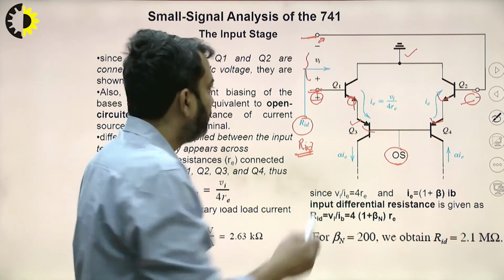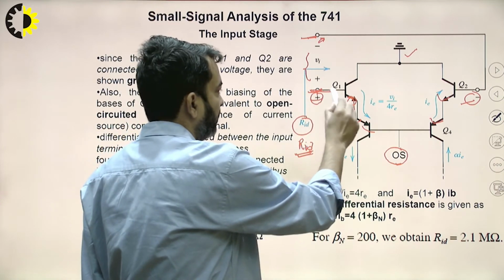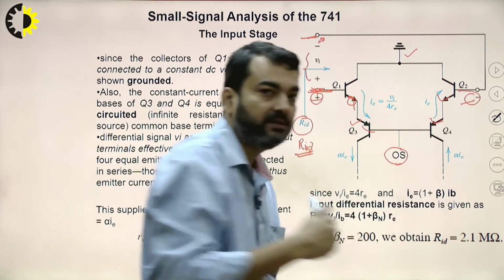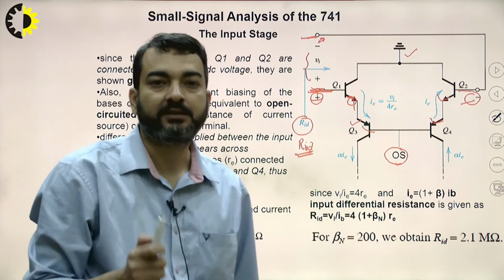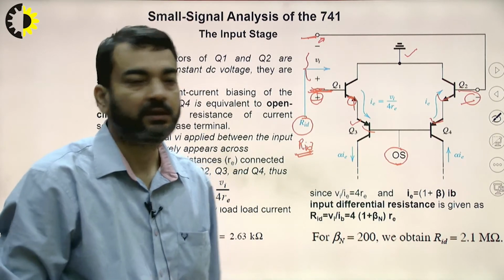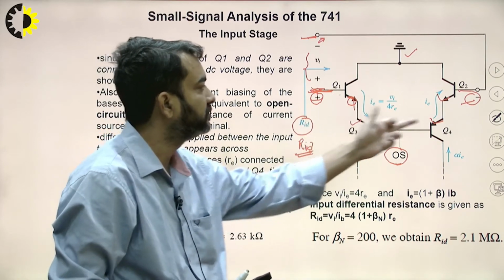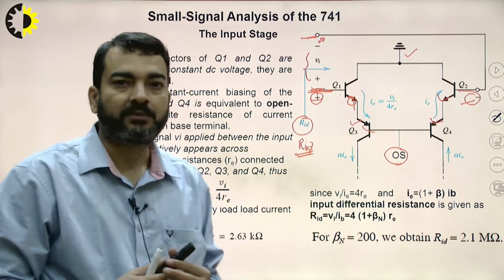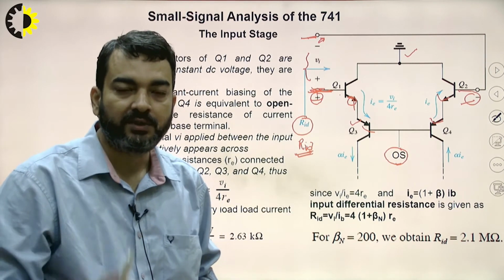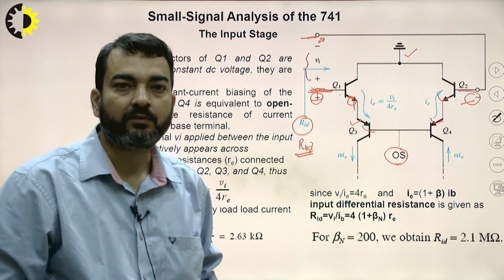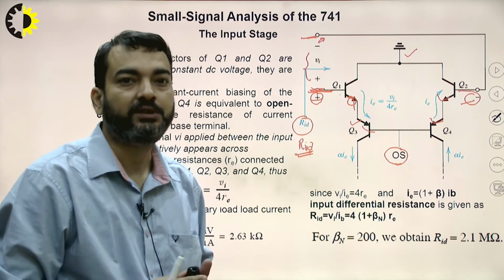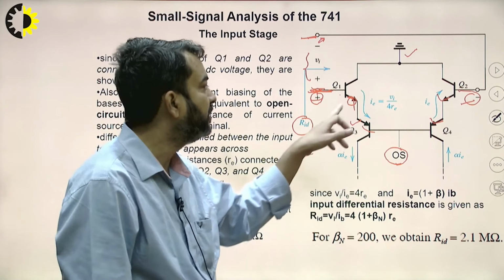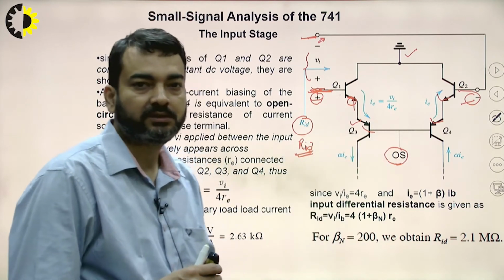But since we are looking at the bases of transistors Q1 and Q2, and these resistances are present in the emitter branch of transistors Q1, Q2, Q3, Q4, when looking from the base the emitter resistance will be augmented by a factor of beta. The exact value will be 1 plus beta multiplied by the emitter resistance.